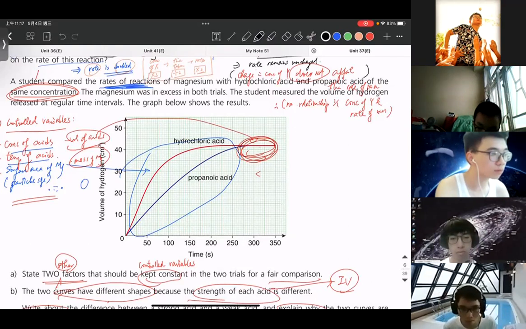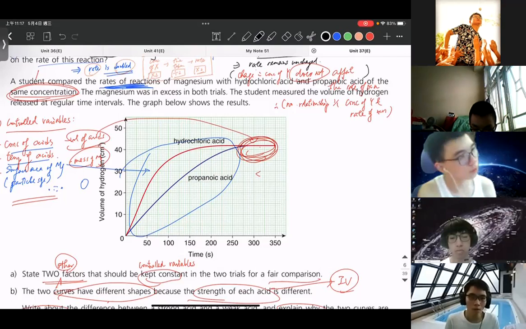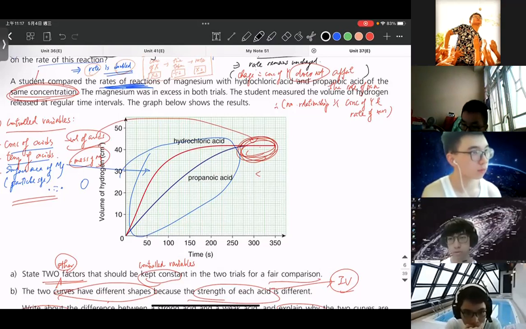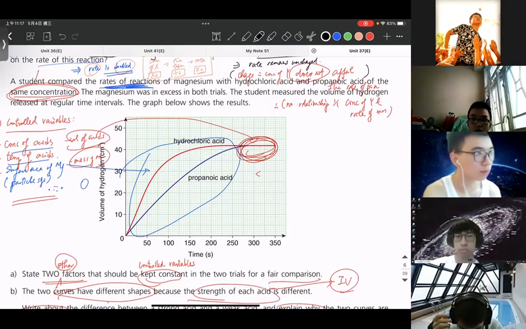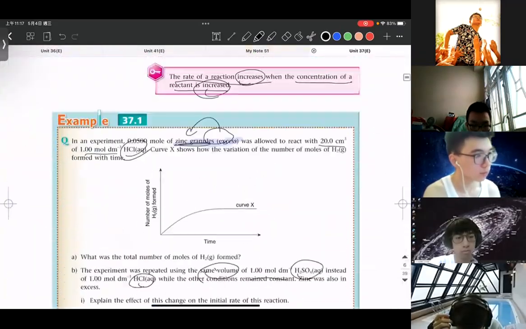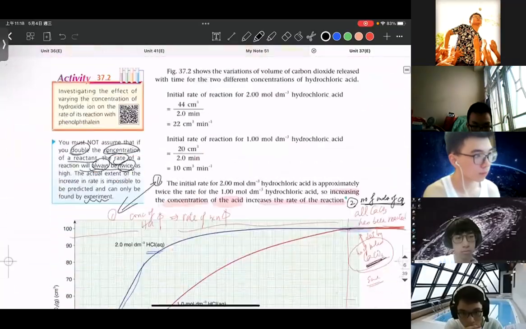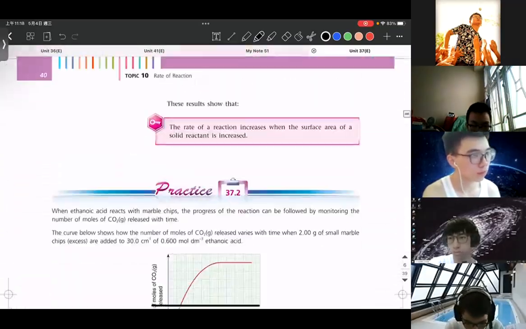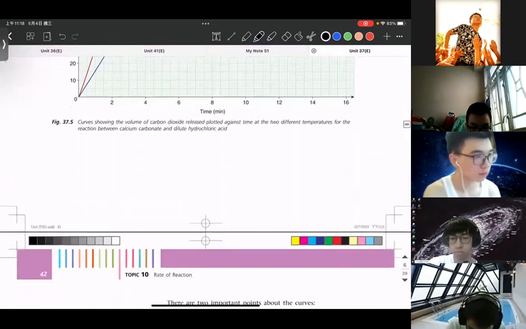Now, indeed, we need to go back to how the reaction happens, which is by collision theory. Okay, so you may find this concept in the later pages, which is page 45. In order to answer the whole question, please take a look at page 45 of your ebook or your textbook.